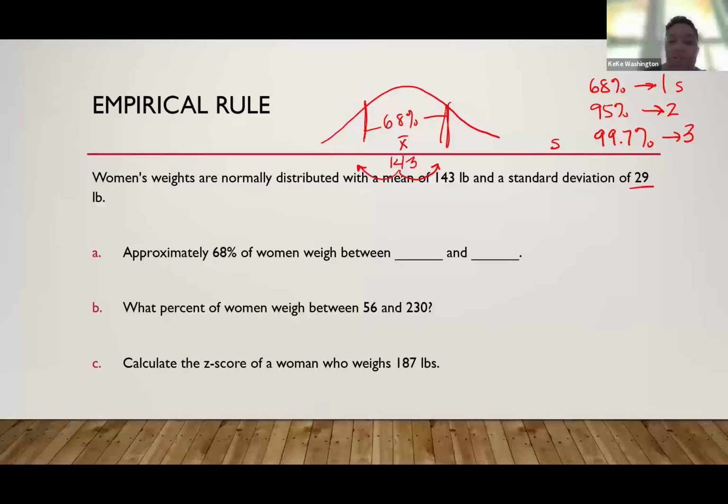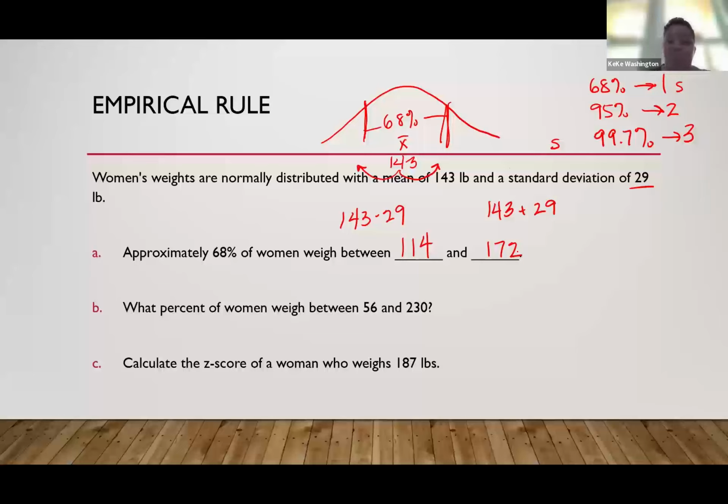So 143 minus 29 is 114, and 143 plus 29 is 172. So about 68% of the women in the sample weigh between 114 and 172.